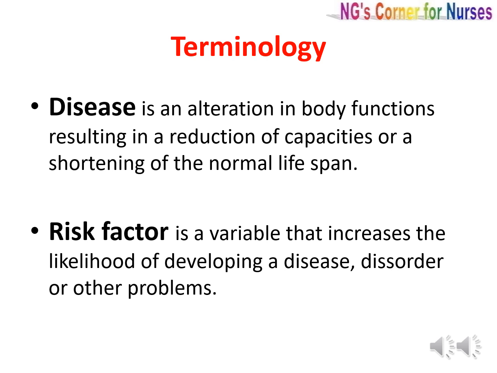Next is risk factor. Risk factor is a variable that increases the likelihood of developing a disease, disorder or other problems. Just for example, we can say age can be a risk factor, like school-aged children are at risk of communicable diseases.